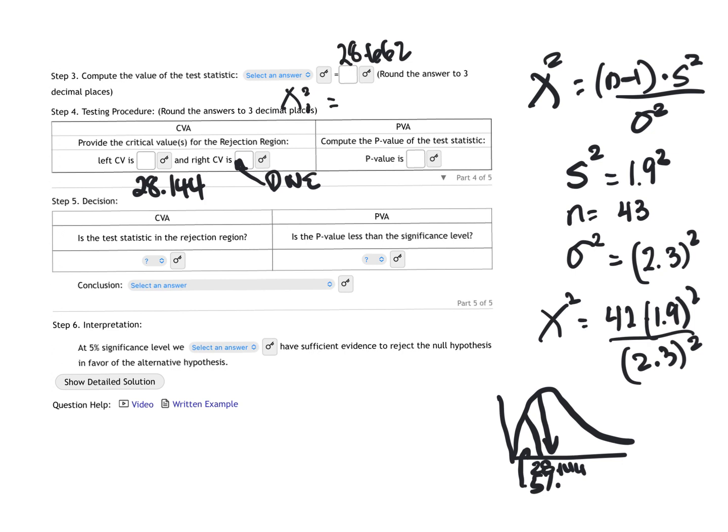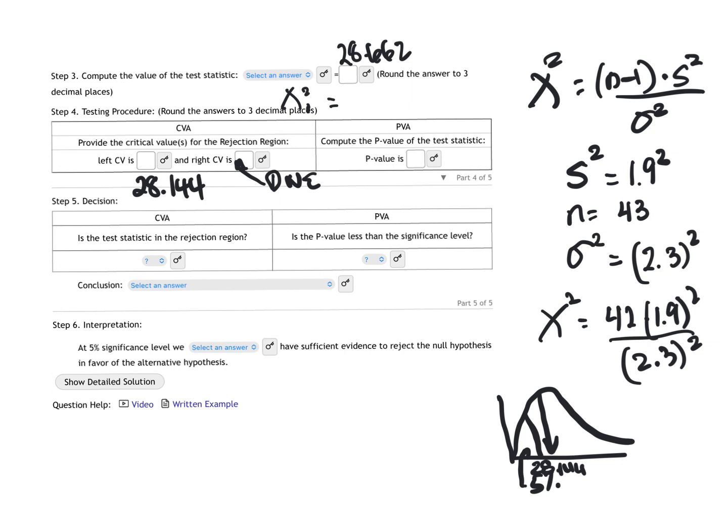To find the p-value, you're going to use your calculator again, or you can also do this on Minitab. I'm not sure I'll get enough decimal points on the calculator, so I'll run through it in Minitab real quick right now. Go to Calculate, go to Probability Distributions, choose Inverse Cumulative Distribution, Single Value.